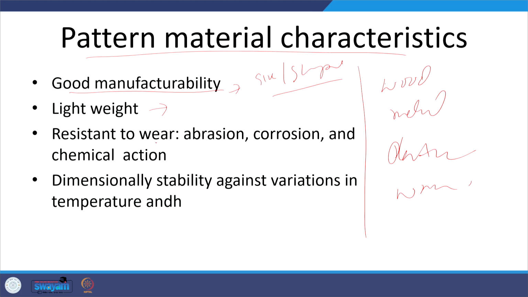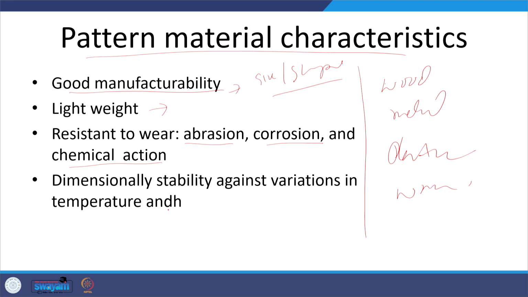Okay. Resistance to wear, because the pattern will continuously be rubbing against the surfaces. So it is important that there is no loss of dimension of the pattern due to the wear, whether it is abrasion, corrosion or any other kind of chemical attack which is happening on the pattern surfaces during the molding process.